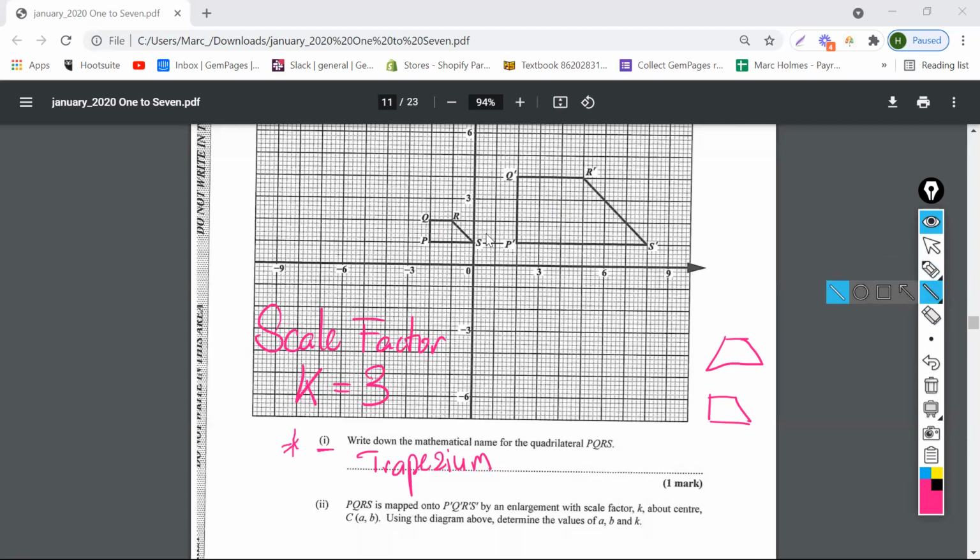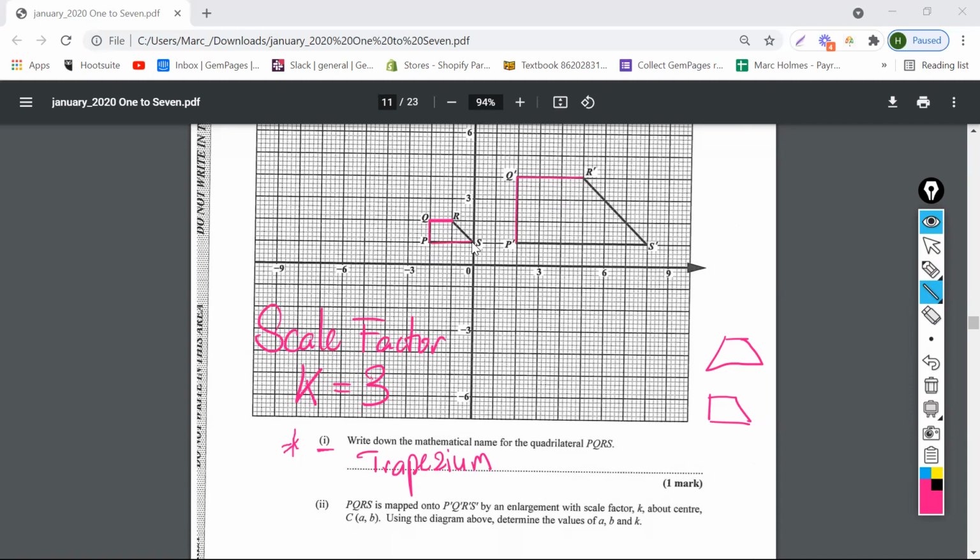Talia, you with me? Yes, I am. So let me show you why it's 3. Here to here is 1, but here to here is 1, 2, 3. Make sense? And then here to here is 1, and here to here is 1, 2, 3.